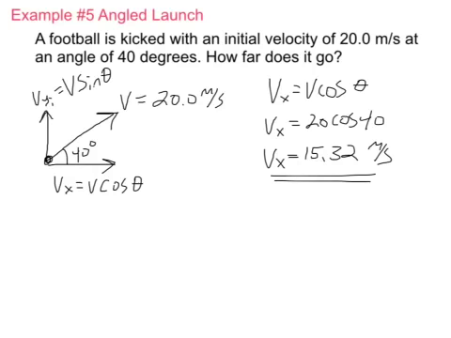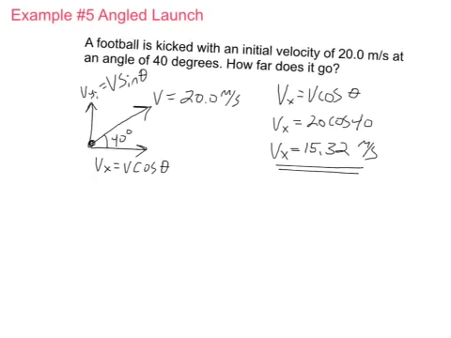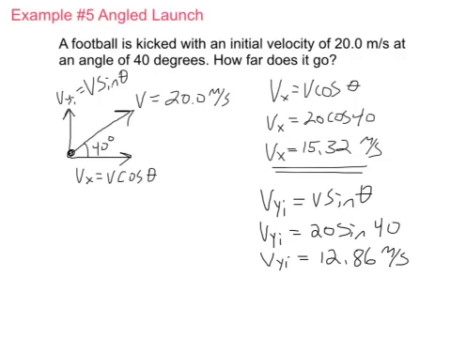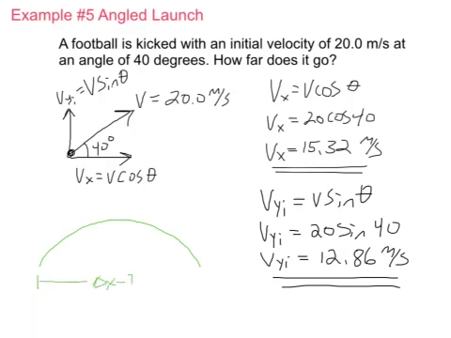So its velocity in the x direction will be 15.32 meters per second. Its velocity in the y direction will be 12.86 meters per second. Okay, so this thing is kicked and it goes out something like that, and we're asked to find out how far it goes. That's what we want to know.